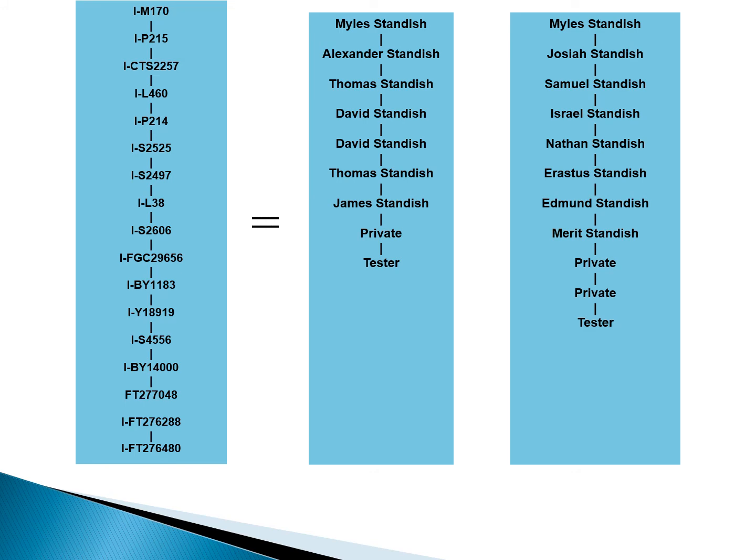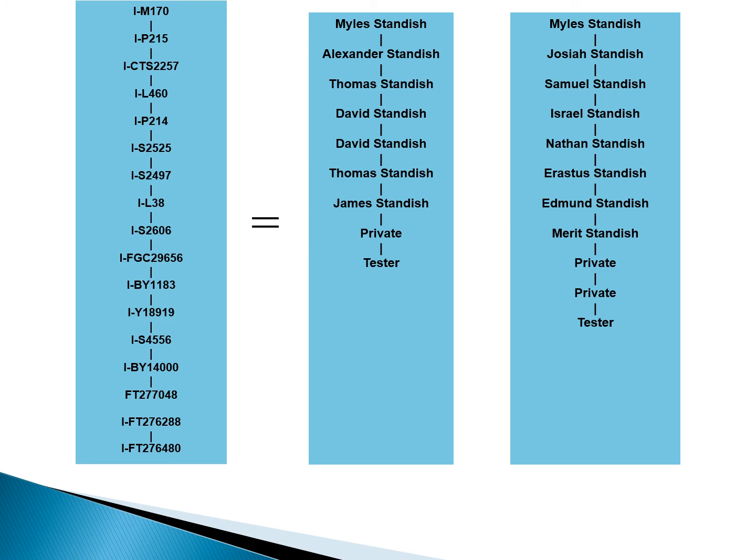This represents two trees for Miles Standish. One is a SNP tree, and one is a genealogical tree. We can say that they are equally valid. So what we need to start thinking about in genealogy and genetics is that you have a DNA tree and you have a genealogical tree, and they are the same thing.